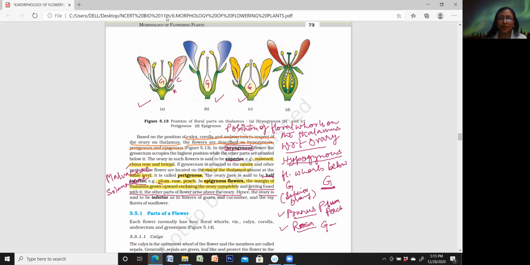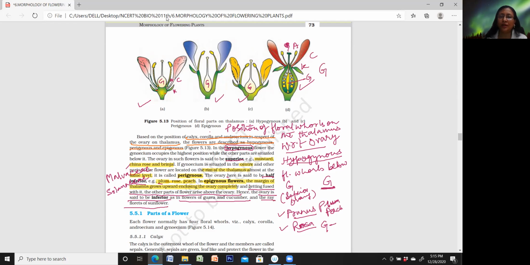Therefore the ovary is inferior, as in the flowers of guava and cucumber, and also the ray florets of sunflower. So these are the examples of inferior ovary. See how K, C, A are all on top of G. So what is G now?